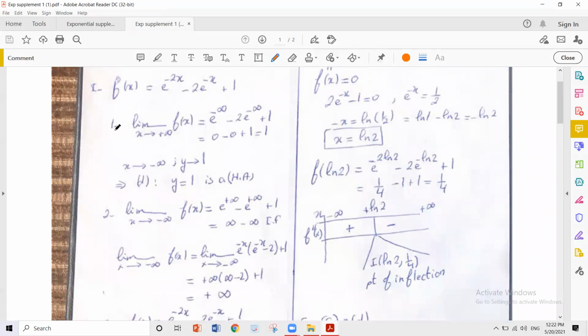So here, x tends to plus infinity, y tends to 1, then y equals 1 is a horizontal asymptote. Then line D of equation y equals 1 is a horizontal asymptote.